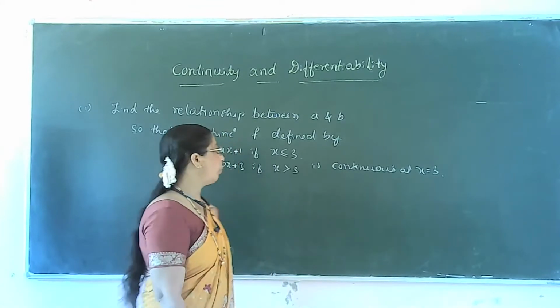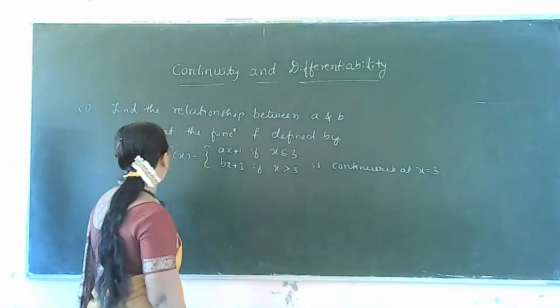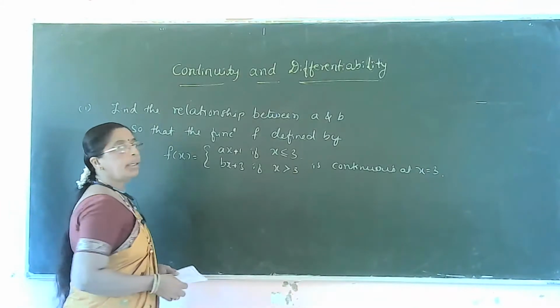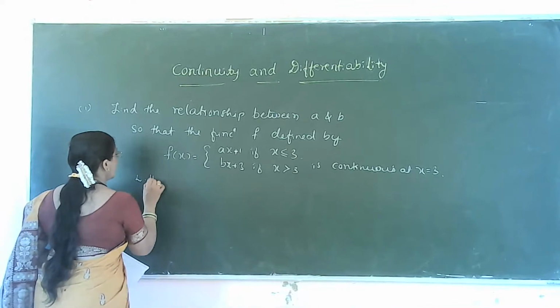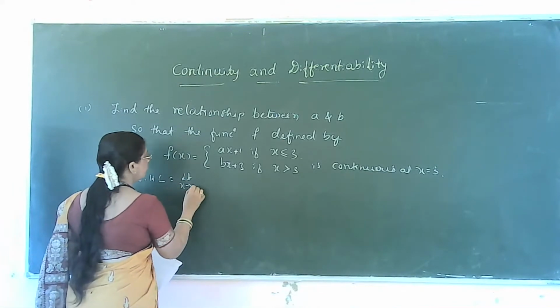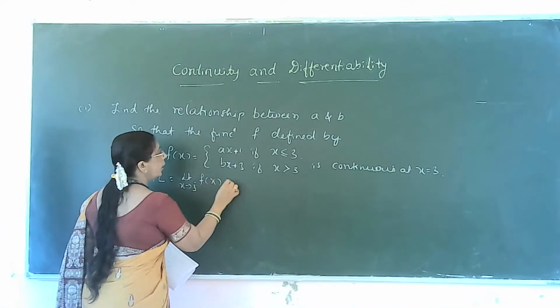Equate these 3, we can get the relationship between A and B. LHL is equal to limit of x tends to 3 minus f of x.